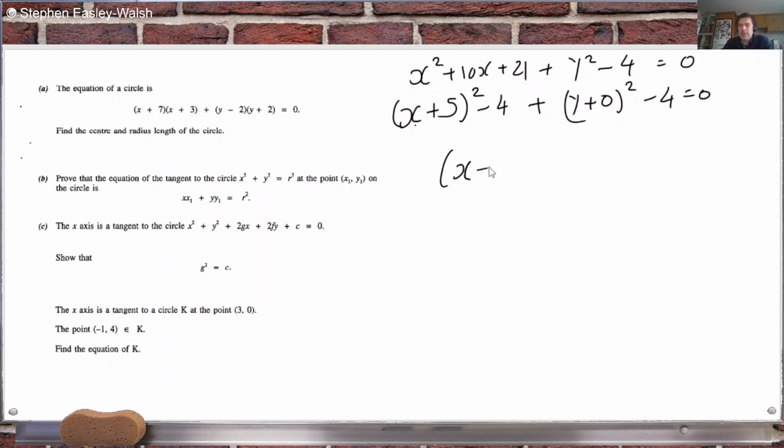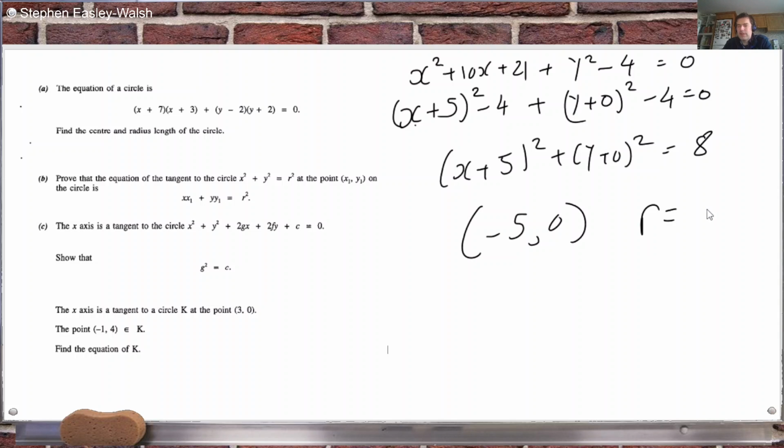So that's (x plus 5) squared plus (y plus 0) squared equals 8. Would have preferred a square number. So the center is (minus 5, 0) with a radius of 2 root 2.